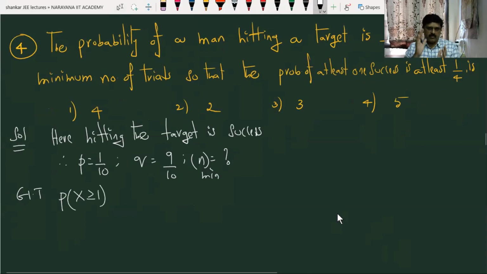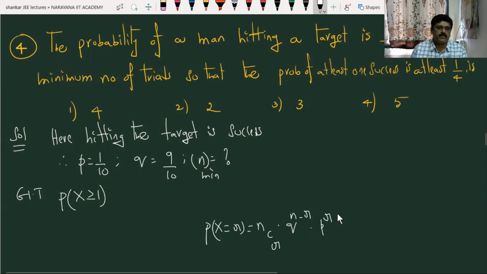P of x is equal to 1 means what, students? Probability of getting exactly one success. You already know that P of x is equal to r in binomial distribution is nCr into q power n minus r into p power r. You already know that.